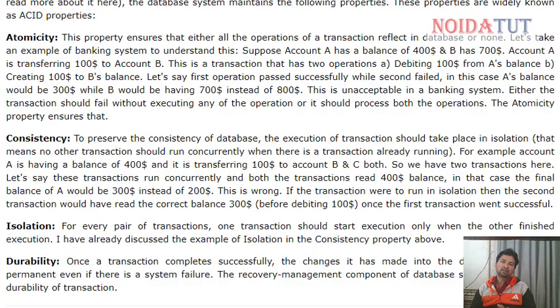In ACID, A stands for atomicity. This property ensures that either all the operations of a transaction reflect in database or none.